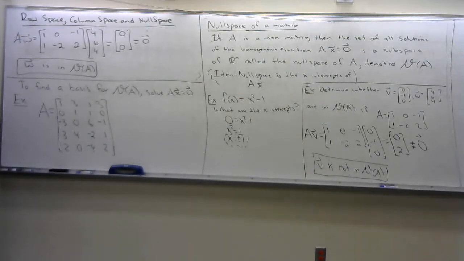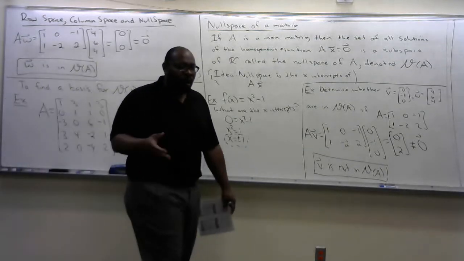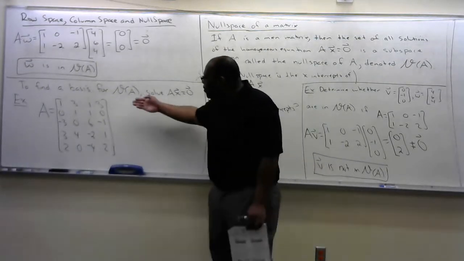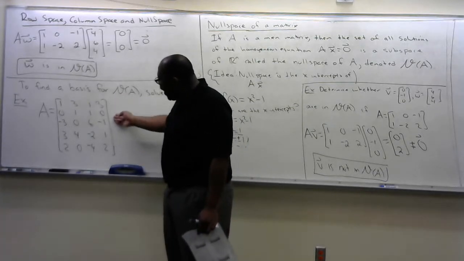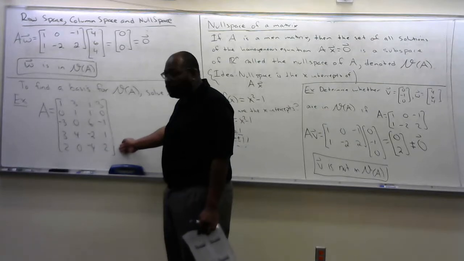And I want to find a basis for the null space of A. Essentially, all I have to do is create an augmented matrix. And we've done augmented matrices enough times to know that if we have 0 along the right-hand side, that column of zeros never changes when we do the reduced row echelon form.